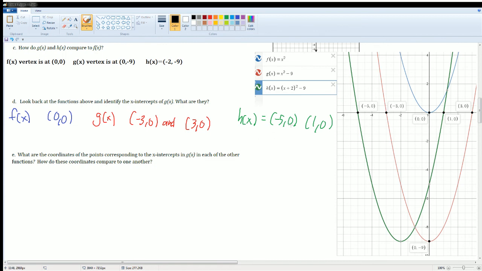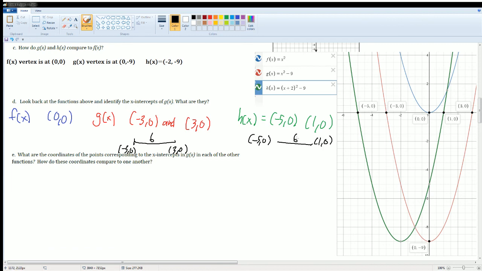So from here to here, the distance is 6. From negative 3 comma 0 to 3 comma 0, it's still 6. Same thing here, negative 5, 0, all the way to 1 comma 0. That's still a unit of 6.